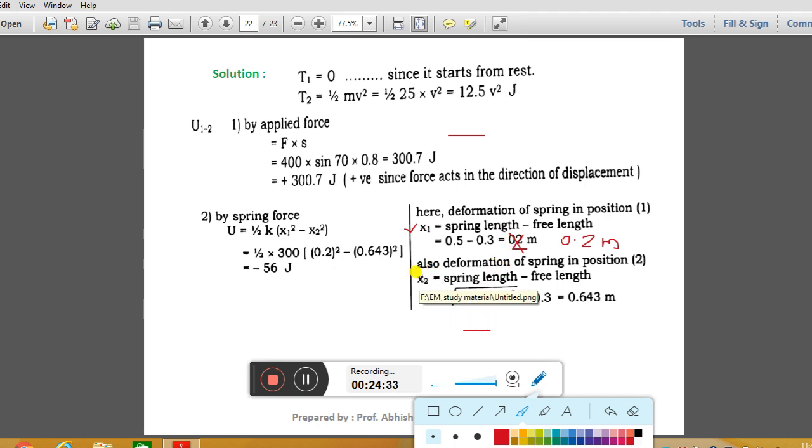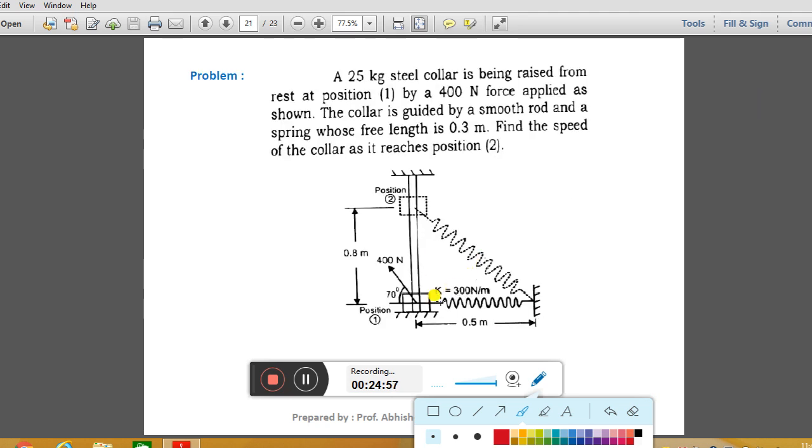Now we have to calculate the deformation at the final position, or the deformation at position 2. This can be calculated in the same way, that is spring length minus free length, but we have to find the spring length when the collar occupies the second position.